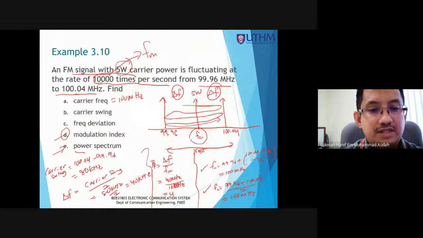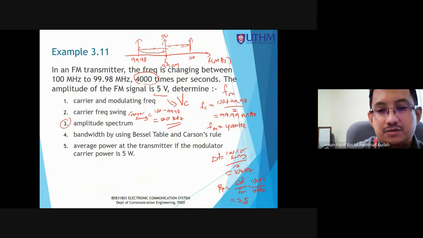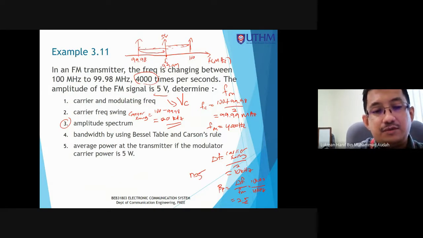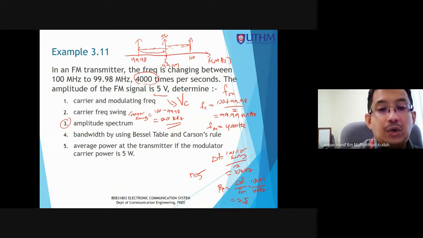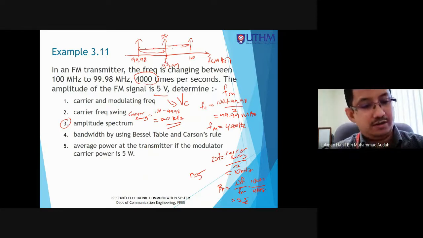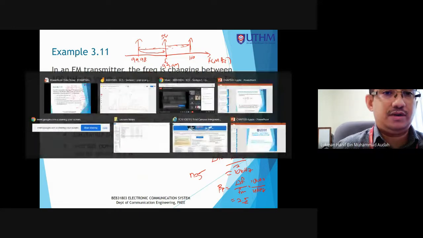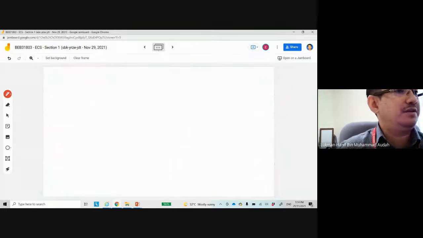Okay, I go back to the previous slide. n equals 5. So if you want to draw the spectrum again, we need to draw the table. We are a bit tired now from calculating. So now we want to make the table.